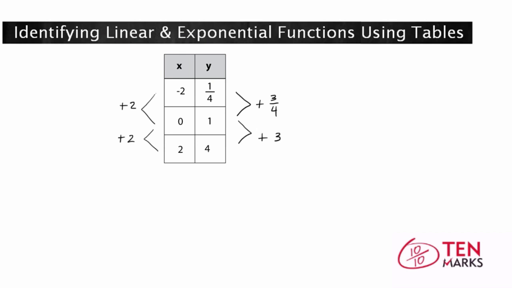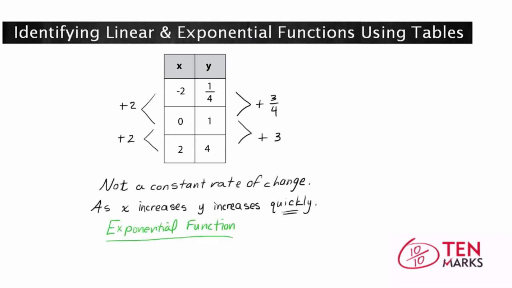This data set doesn't have a constant rate of change, and therefore it is not linear. As x increases, y is increasing much quicker. This looks like an exponential function. So you've got no constant rate of change, y increases quickly as x increases, exponential.